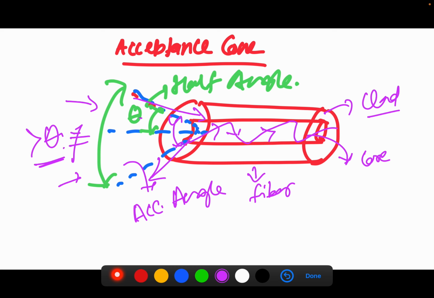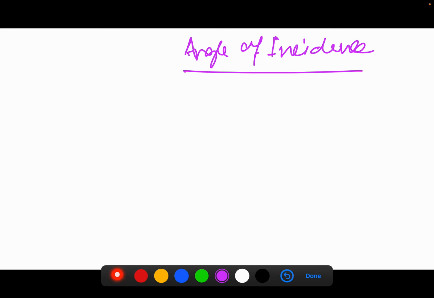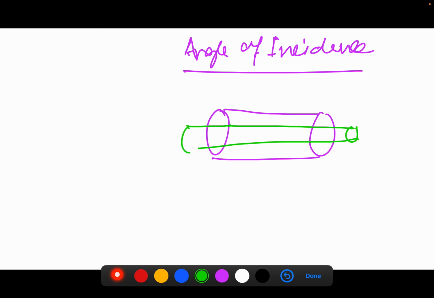Let me take another blank slide. Here I will explain the angle of incidence. Let's say this is my outer fiber, and this is my core. Now if light is incident here and getting internally reflected, this is my core, and outer is my clad.